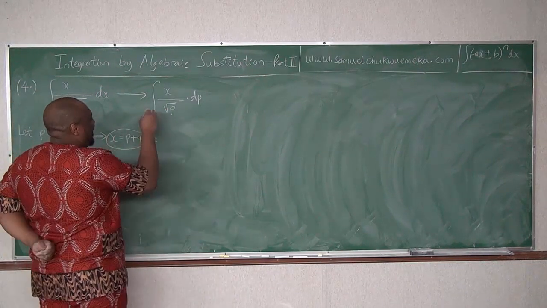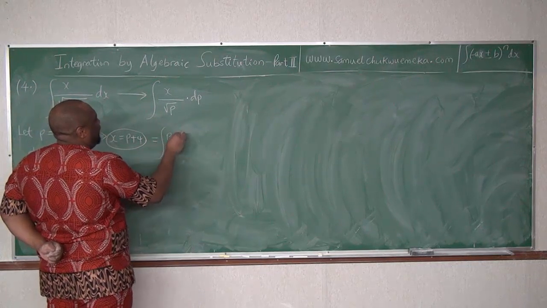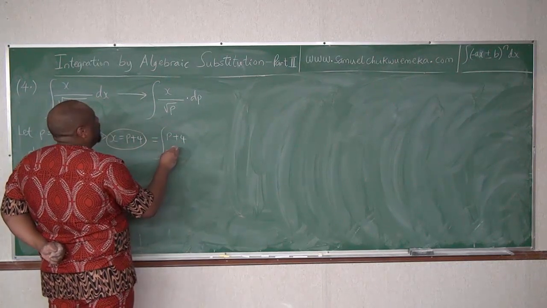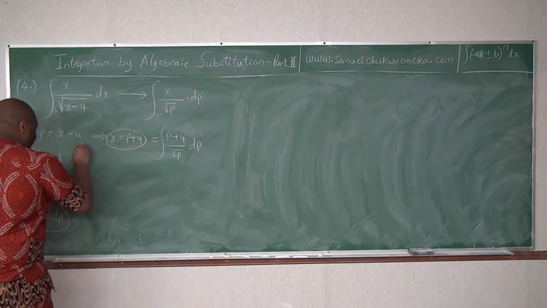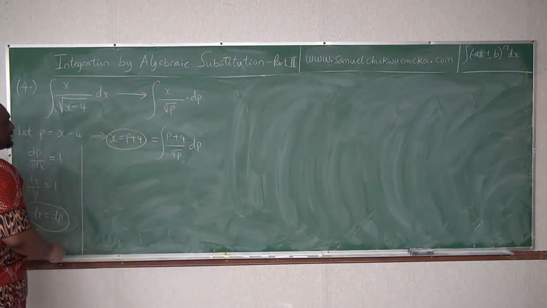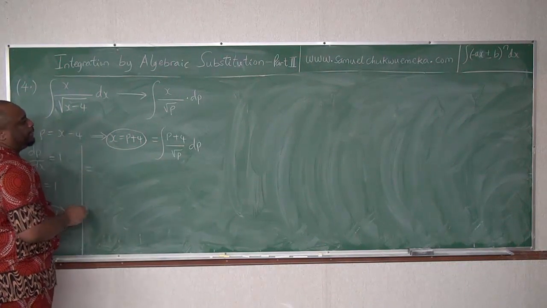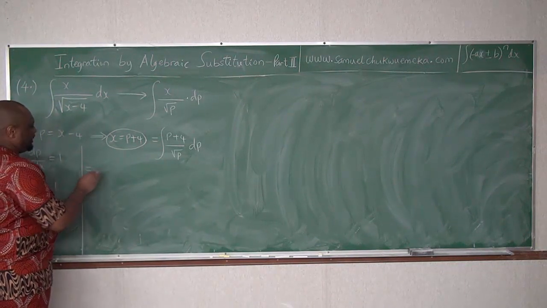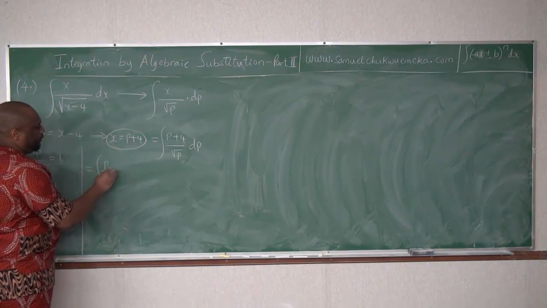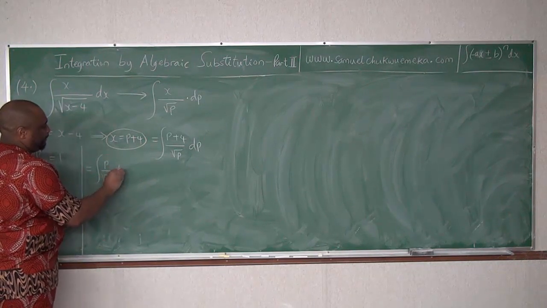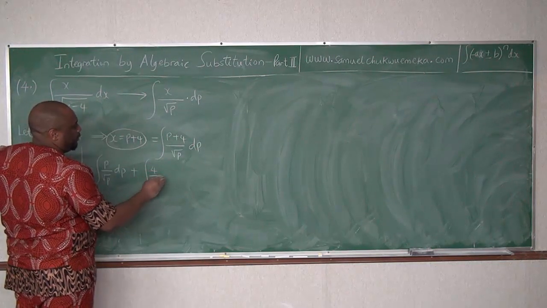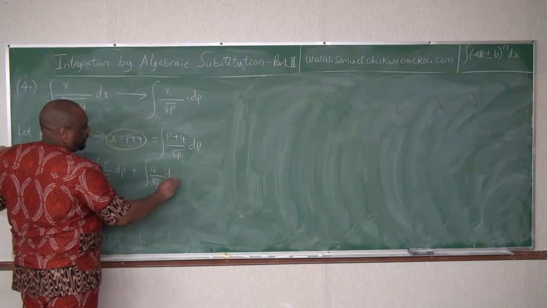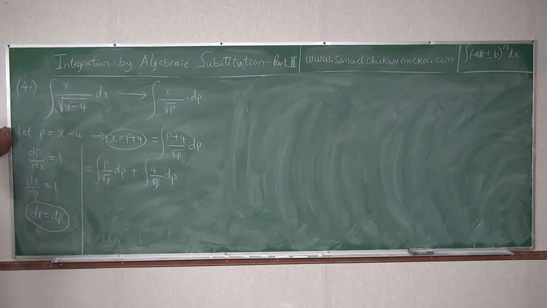So this will now be the integral of p plus 4 over square root of p dp. Okay? Let me maximize this space. So this will be the integral of p over square root of p dp plus the integral of 4 over square root of p dp. I hope you understood this step I did now.